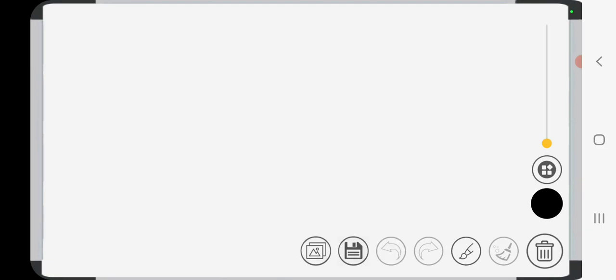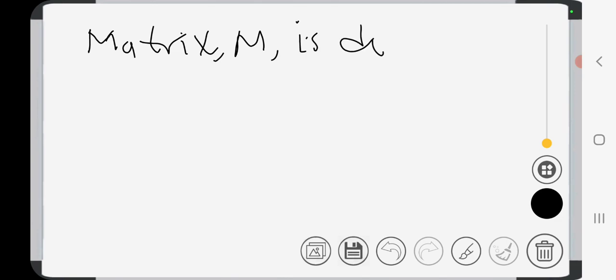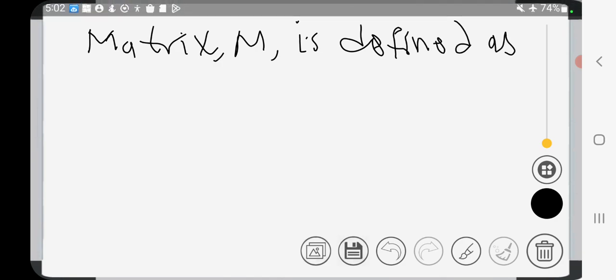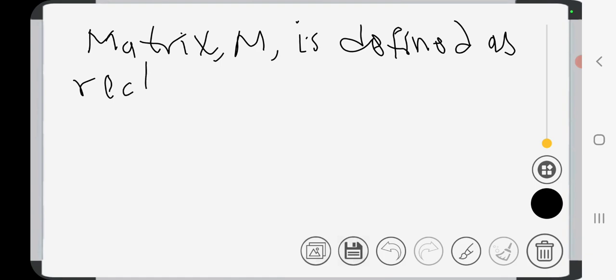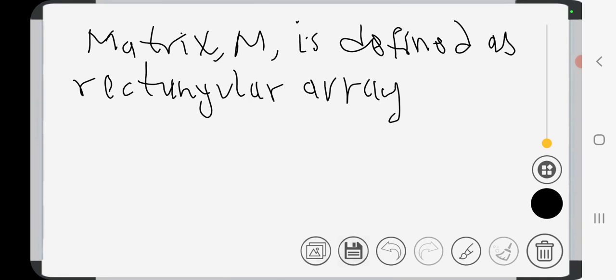Now, what is a matrix? Matrix M is defined as a rectangular array of elements.